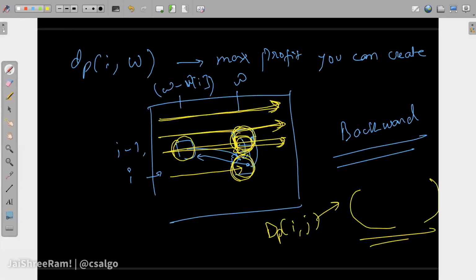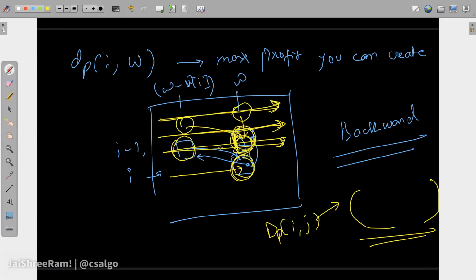In a general problem, I will decide on some recurrence. So based on whatever the recurrence is, I will calculate its value. And the loop order that we decide should be such that for this particular state, whatever states this is taking a summation or max or min from, all those states should have already been calculated before.